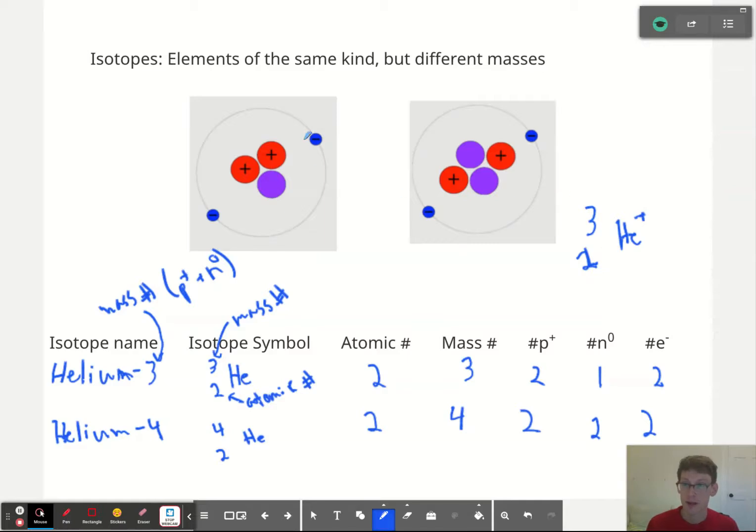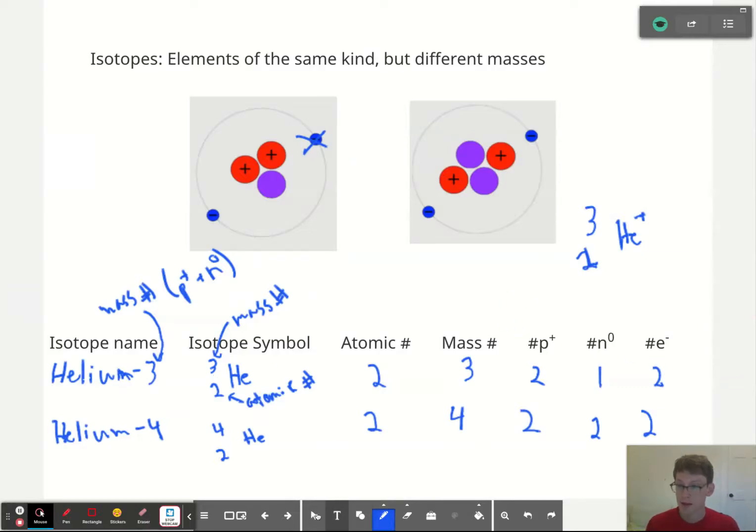I'd be looking at a diagram where one of the electrons was missing, and I would say that there's 1 electron. Everything else would be the same as the 3 over 2 He that we can see here.